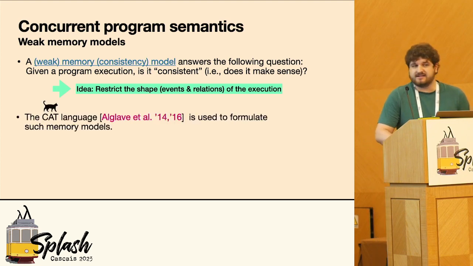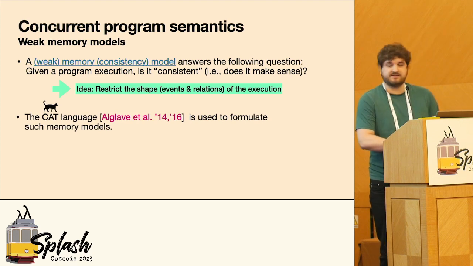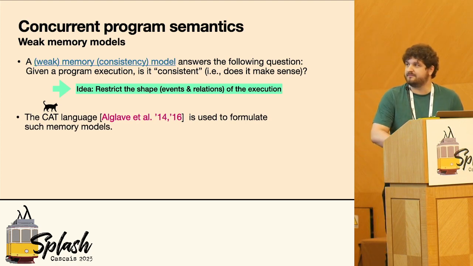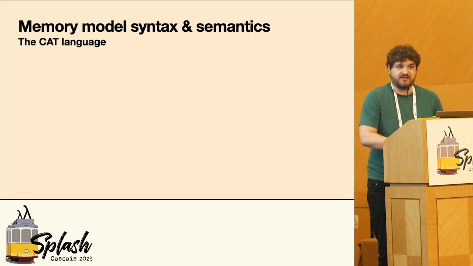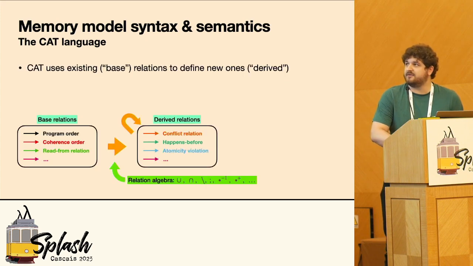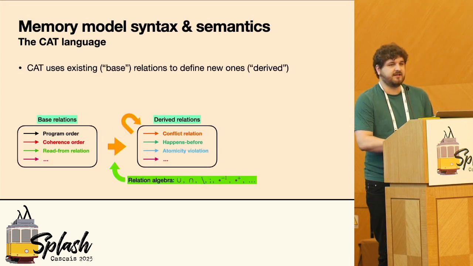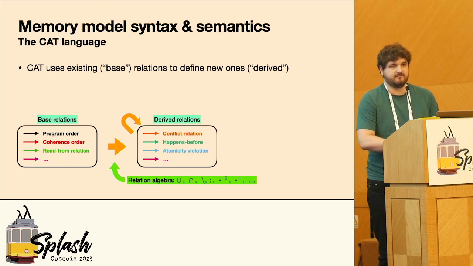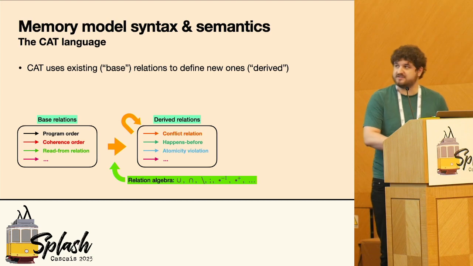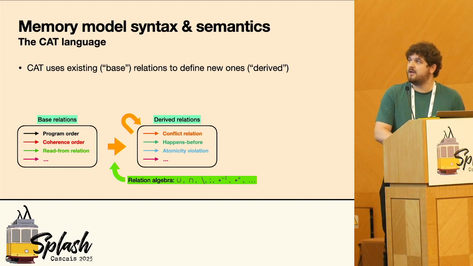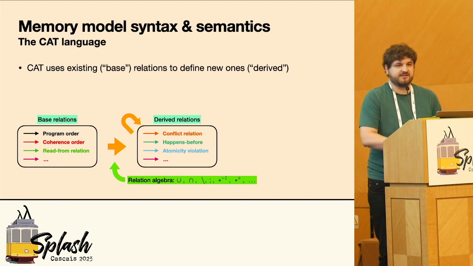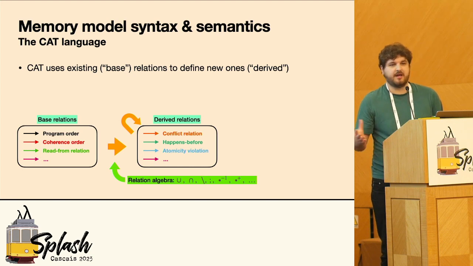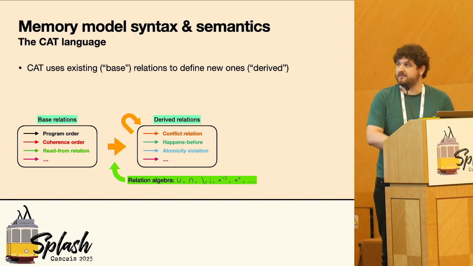There exists a language to formulate these memory models called the CAT language. Now we need to take a quick look at the CAT language. The essential idea is to take these relations you already have, we call them base relations, like the program order, the read from, and the coherence, but there can be more. And then simply define new ones using relation algebra. So you can union them up, you can intersect those relations, whatsoever.